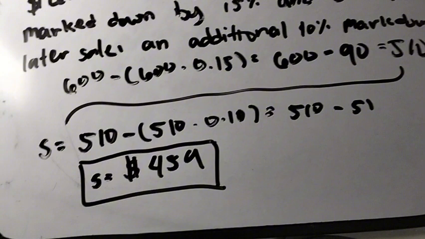So we've got 600, and we will need to subtract from it 600 multiplied by 0.15, the percentage or the rate, and that will be 600 minus 90, and if we subtract those two, it will equate to 510. And now we repeat the process. 510 minus 510 multiplied by 0.10 is equal to 510 minus 51, and we get the final price of 459.